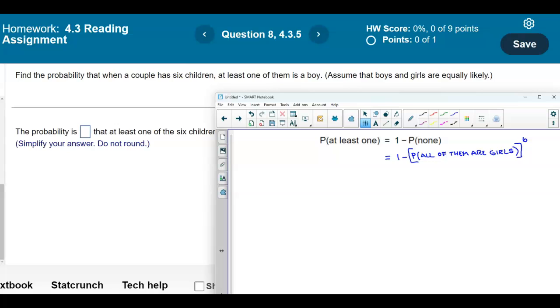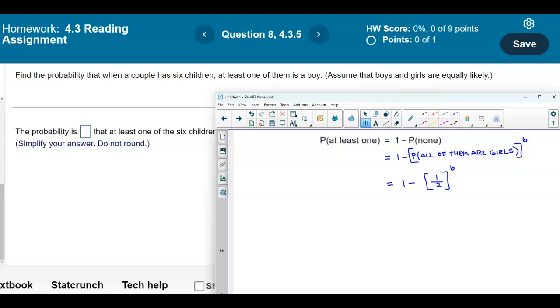Well, the probability of getting one girl is 1 out of 2. So this would be 1 minus 1 over 2 to the 6th power, since we're multiplying that 6 times, because that means that 6 of those children will be 1 out of 2 that are all girls.